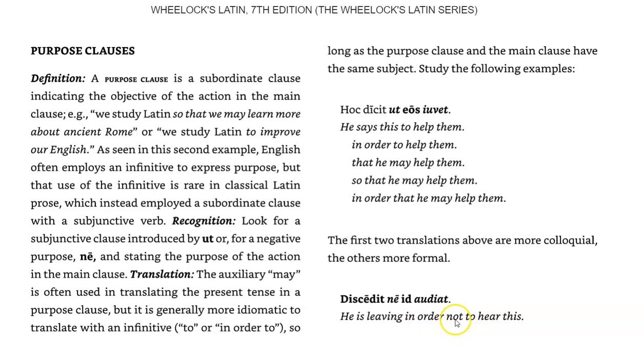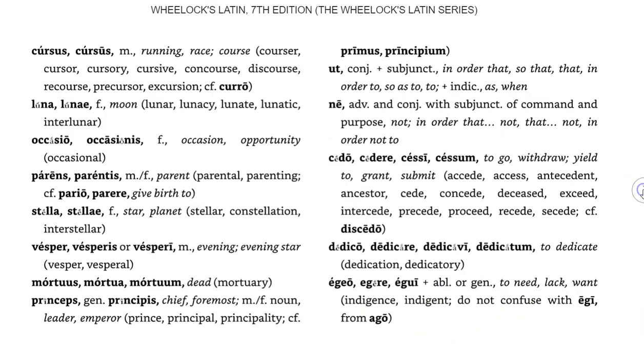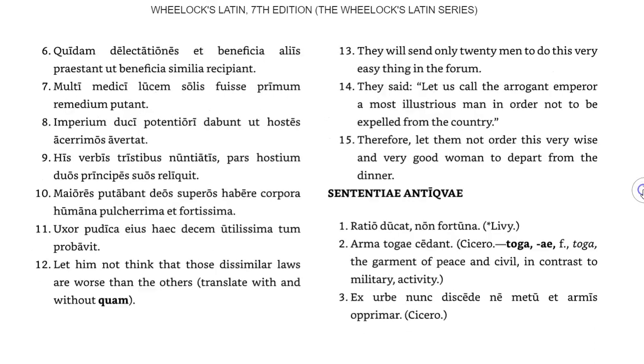So you can just use not, but then you have to figure out how to translate it so that it still is idiomatic or sounds like decent language. So I guess in this case, leave now from the city so that I am not suppressed, if you follow that, by fear and arms.